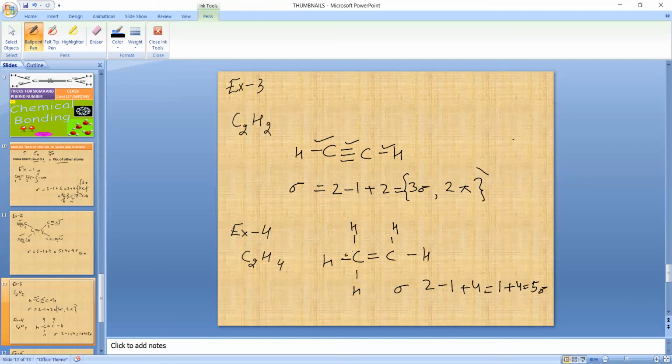Count 1, 2, 3. In both of these, 1 will be there. Then 4. Okay, 1 plus 4, and then 5 will be the sigma bonds. And how many pi bonds? 1 will be the pi bond. Clear, guys? 1 will be the pi bond.